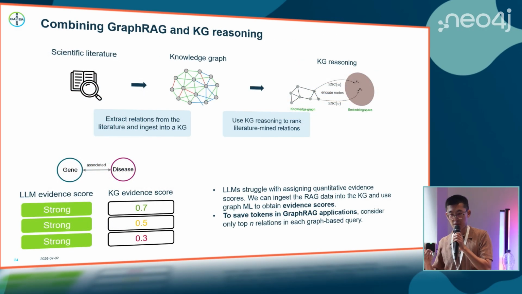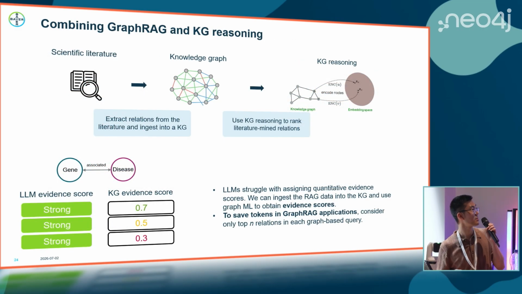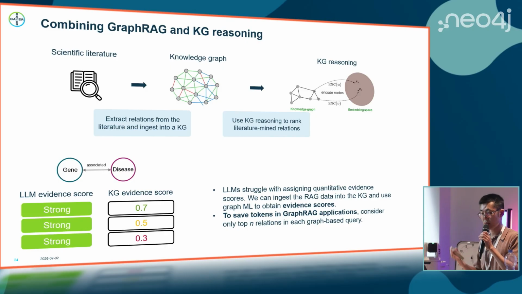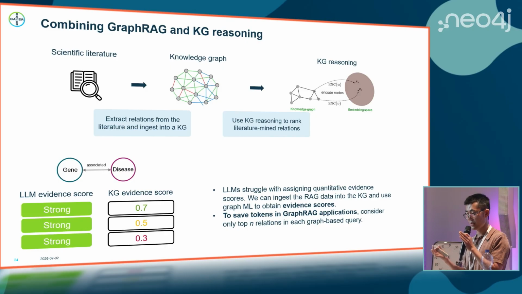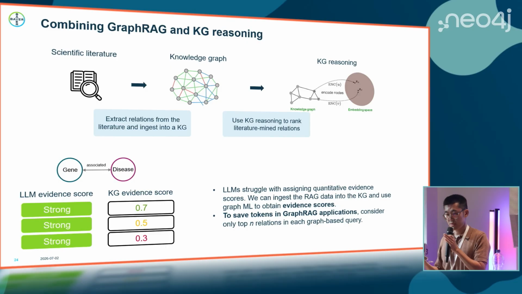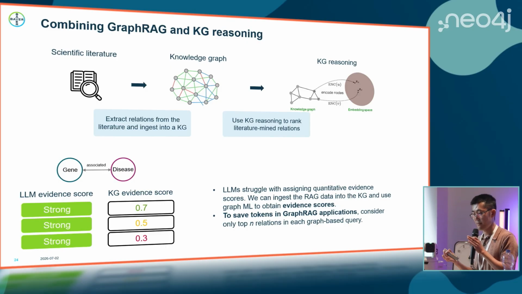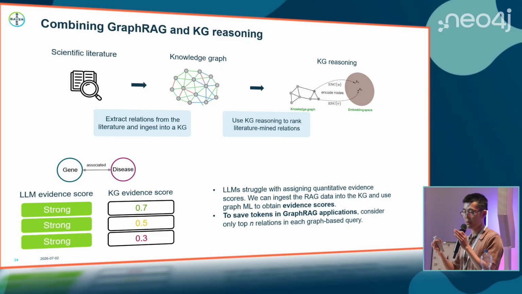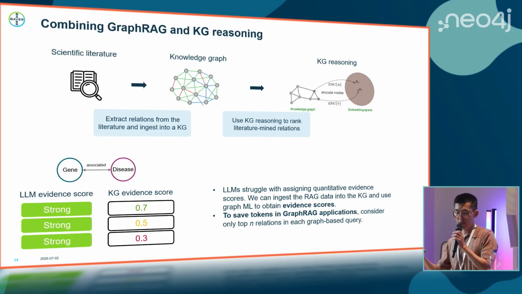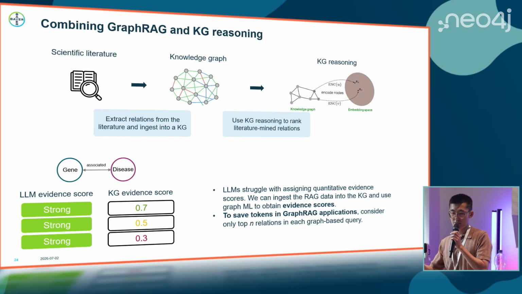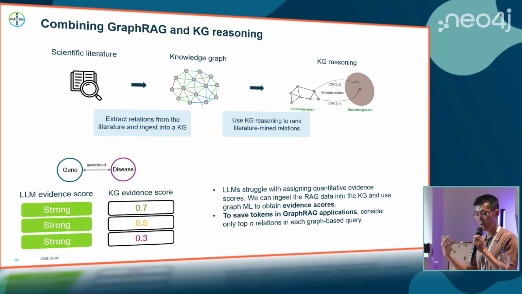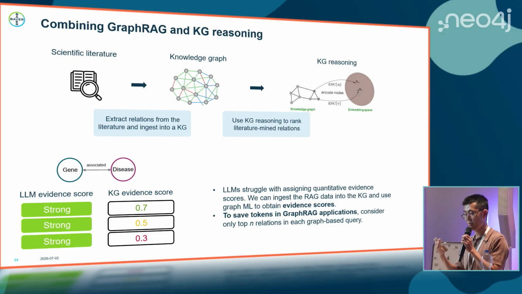One thing that we're also doing, and I'm briefly mentioning this, is combining GraphRAG and knowledge graph reasoning. So what is the crossover here? As you may know, you can extract concepts and relations from the scientific literature and ingest them.